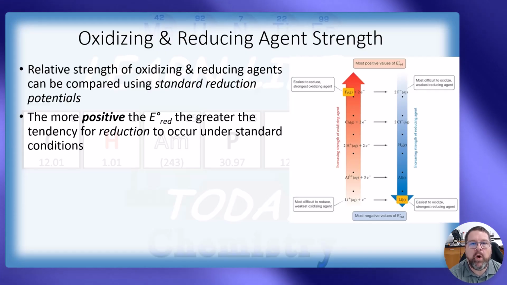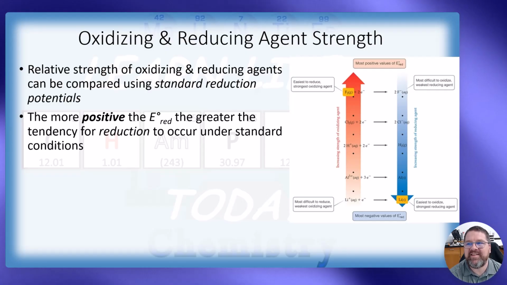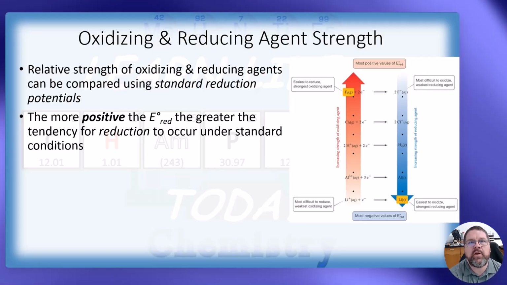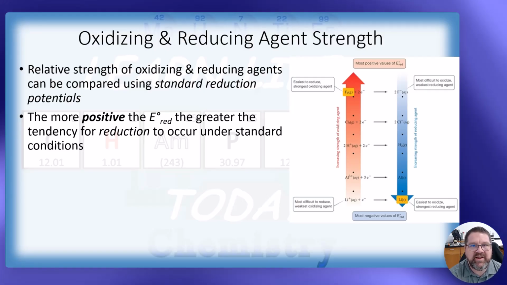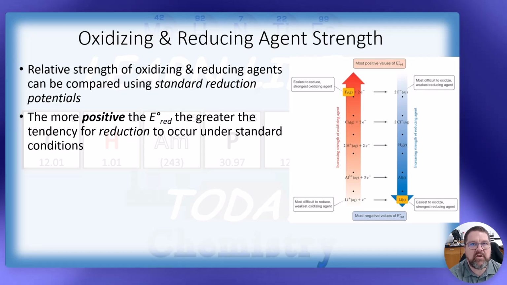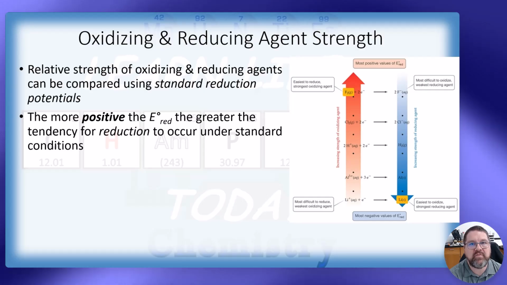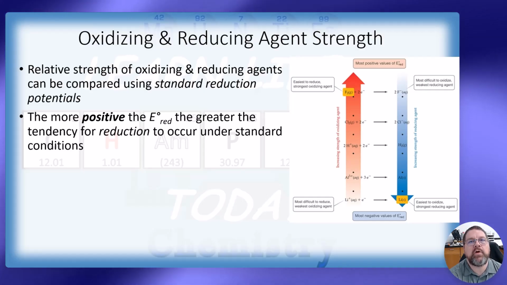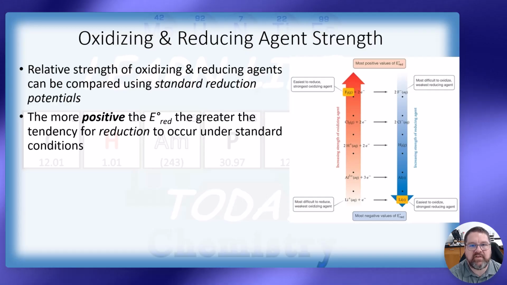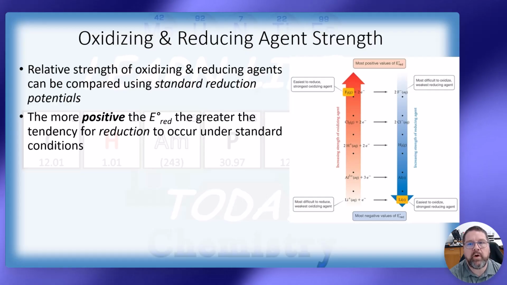And so when we look at a table that contains these values, the way to read it is the more positive the standard reduction potential value is for that given species, the greater the tendency for reduction to occur, meaning that it's going to gain electrons and hence be reduced. All right?